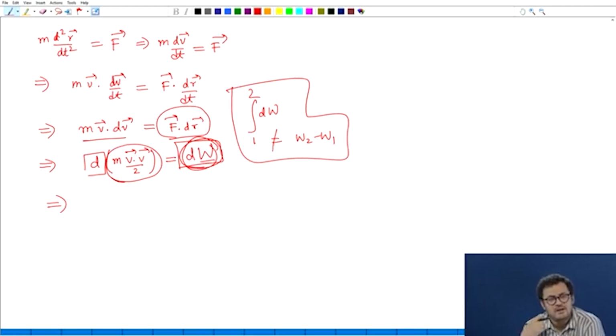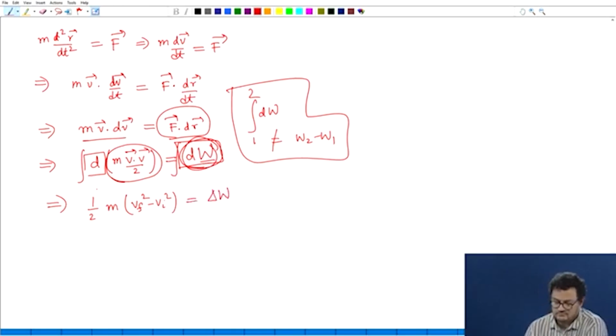It will be much easier to understand if I now integrate from some initial step to the final step. Then I can say that this is nothing but half m (Vf squared minus Vi squared) is equal to some delta W.